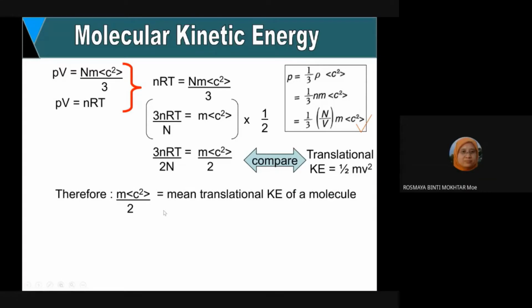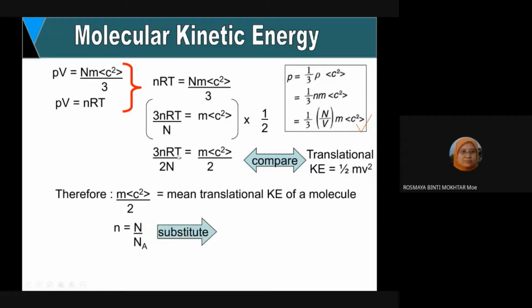We can rewrite this equation into another form using n, the number of moles, equals the number of molecules per Avogadro number. This one we discussed before in the previous lesson.